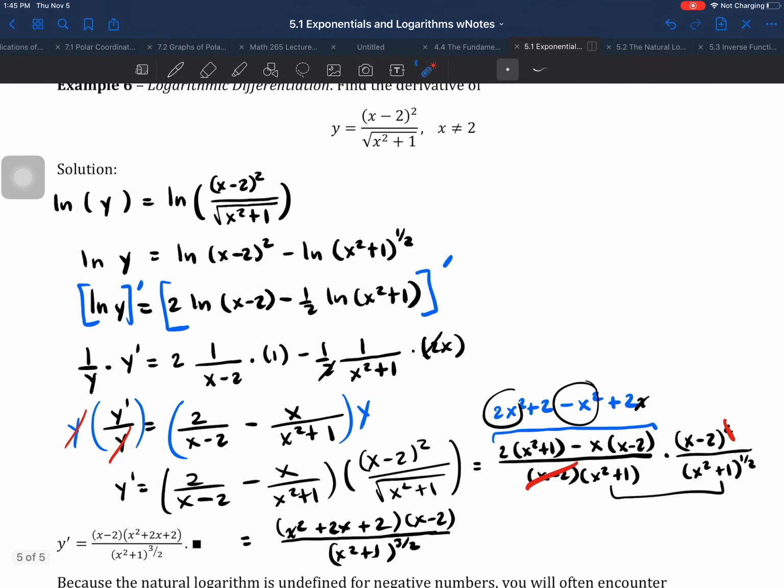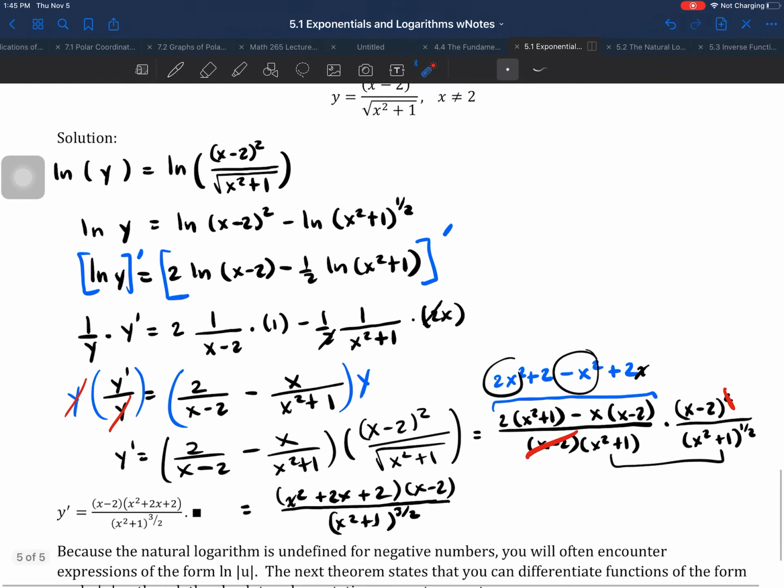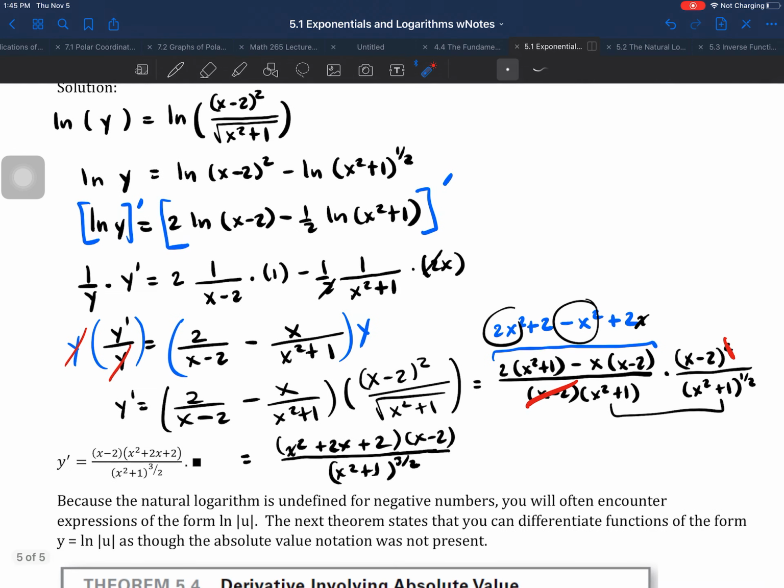Now, because this is a logarithm function, we are allowed to separate this into two different logs: the logarithm of the numerator minus the logarithm of the denominator, using the quotient rule property of logarithms. Because we have powers, we can use the power rule for logarithms, which means this becomes a 2 and this becomes a 1/2.